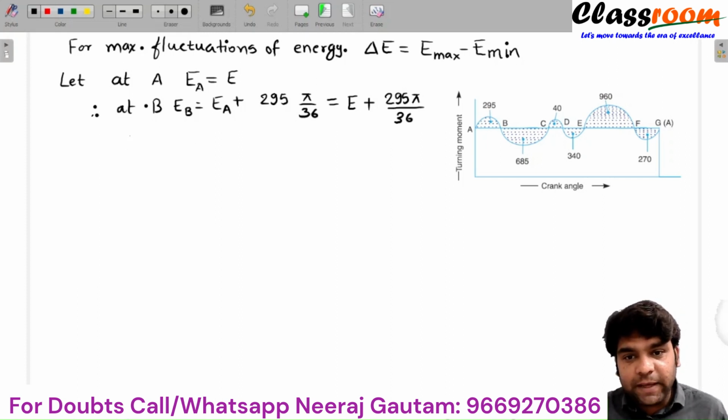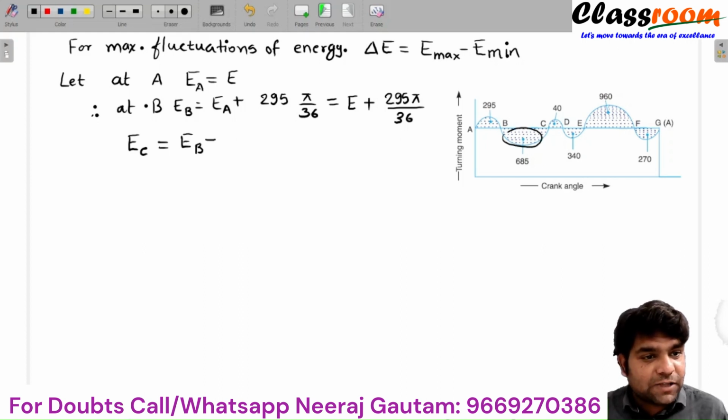Similarly, after B, that is at point C, the energy will be the energy at B minus this area energy, which is 685 times pi by 36.